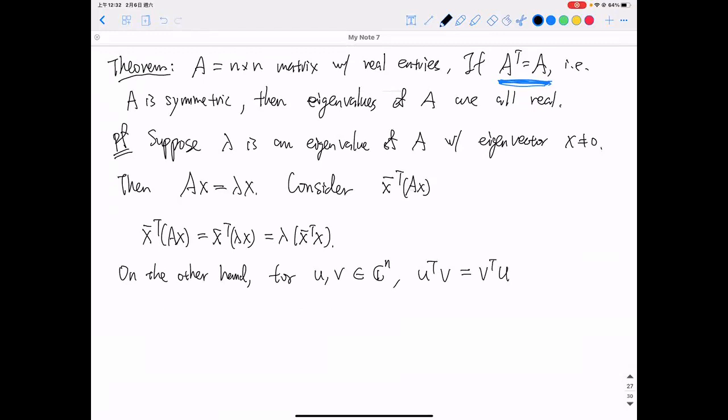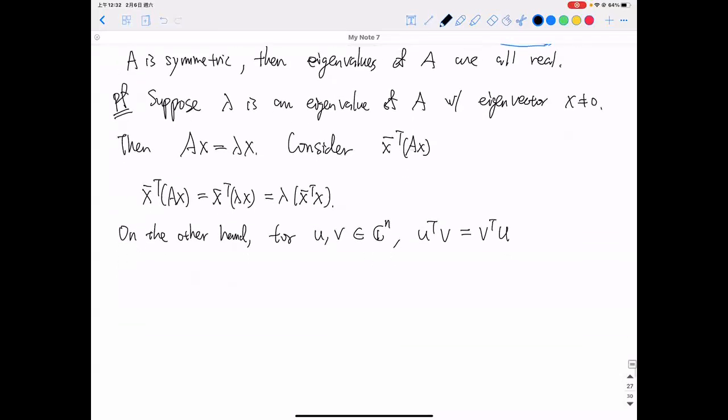All you have to do is just look at the definition of this matrix multiplication. So in particular, we can write x bar transpose Ax as (Ax) transpose x bar.